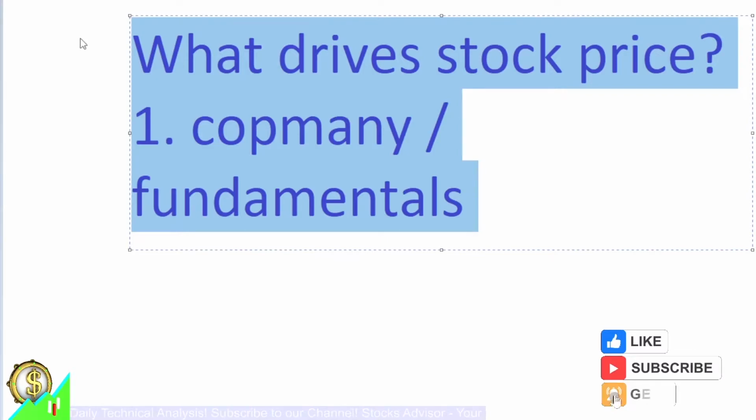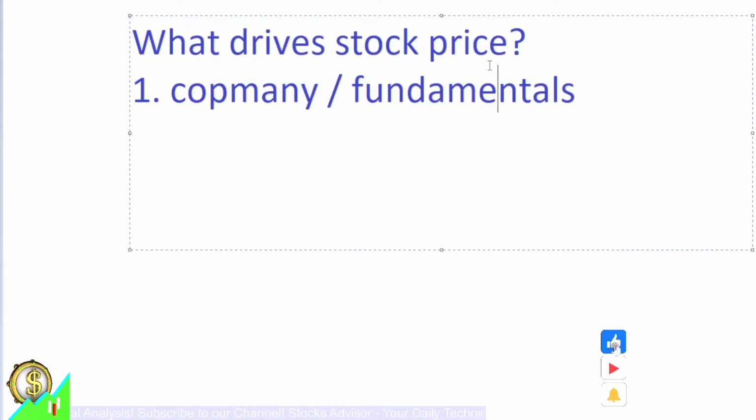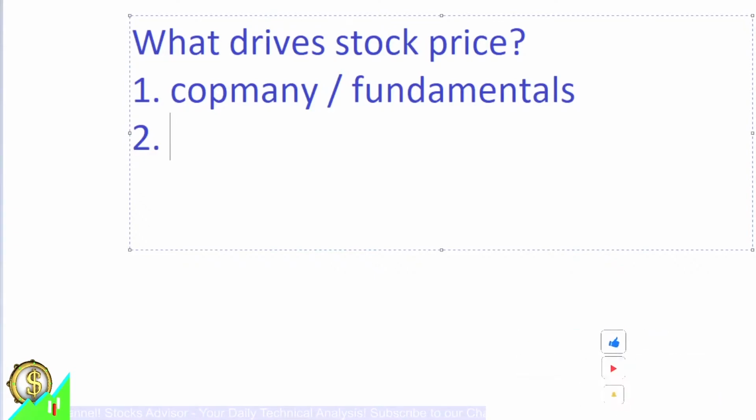You can find them everywhere, open sources, and this is one style of trading, as I said at the beginning, but it's something that drives the price. There are situations when the company itself is so powerful, so trusted, results are so good that it just drives the price up. So this is one thing.